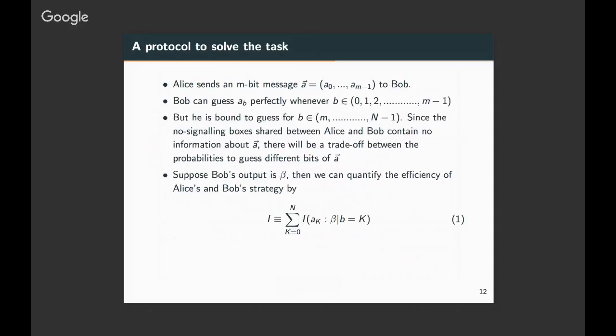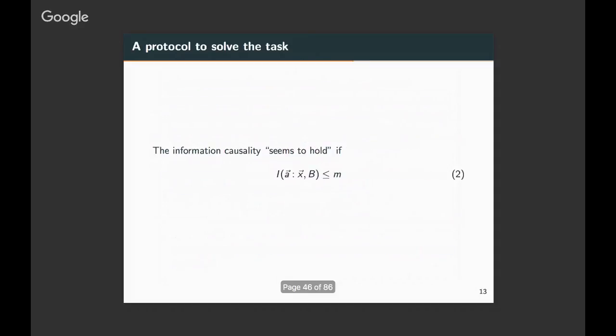So this thing, I(A_K : beta), is the standard mutual information between A_K and beta. How much do A_K and beta overlap?